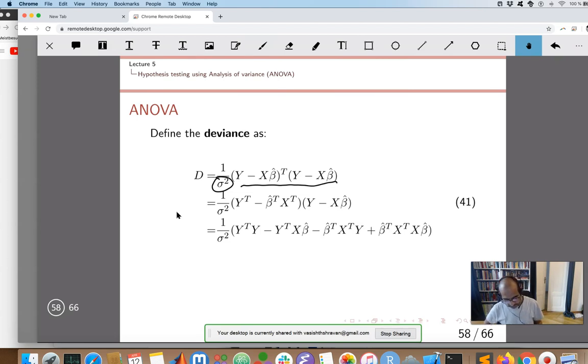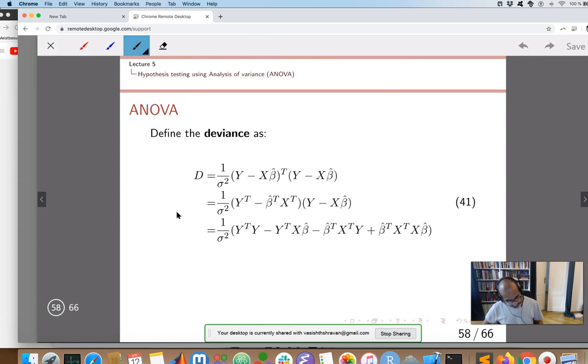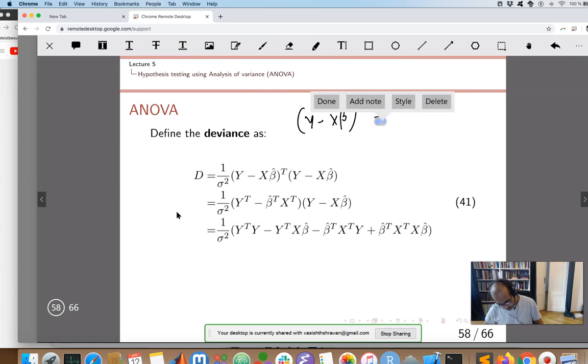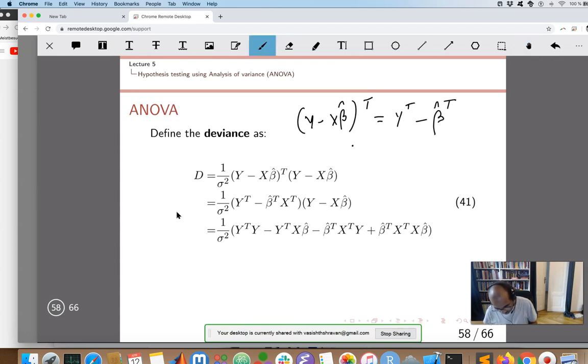The first thing to notice in this expression is that I've got a transpose here. I'm going to unpack this transpose. If I have y minus x beta hat, transposed, I would have y transpose minus, and I have to flip the x and beta hat, so beta hat transpose x transpose.